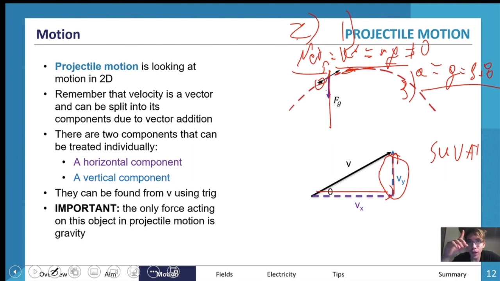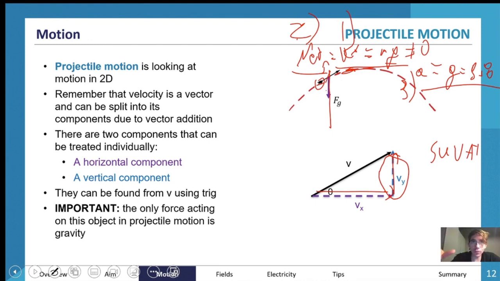Acceleration equal to zero. If acceleration of an object is equal to zero, what did the first law say? The first law said if acceleration is equal to zero, an object will either be at rest or it will keep traveling at a constant speed.